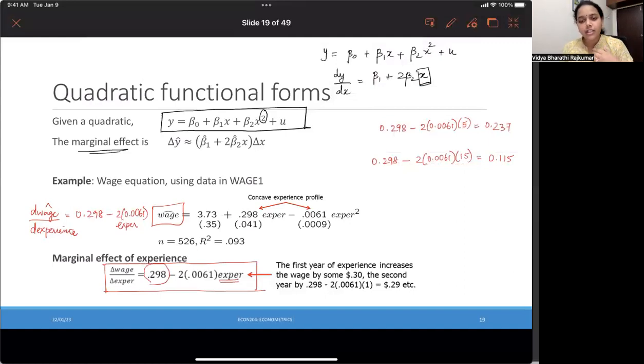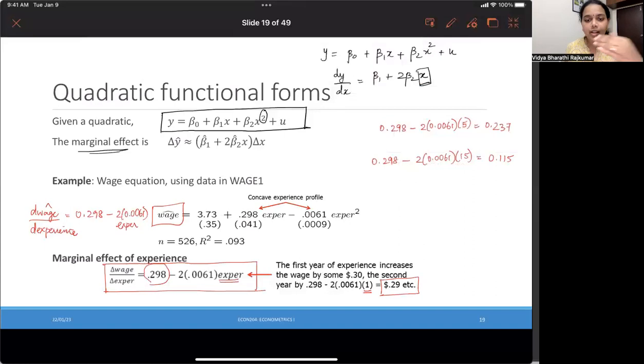Once they've worked for a year, if they're working for a second year, they now have an experience of 1 year. If you plug in experience equals 1 into that expression, the answer turns out to be roughly 0.29, meaning when the person already has a year of experience, gaining an additional year of experience would increase their wages by 29 cents.